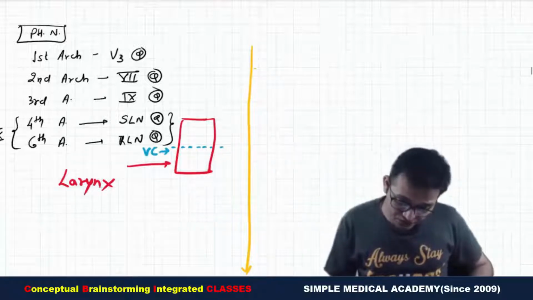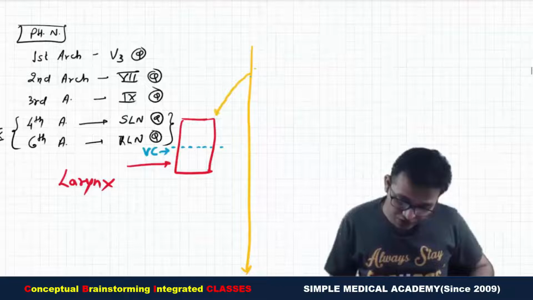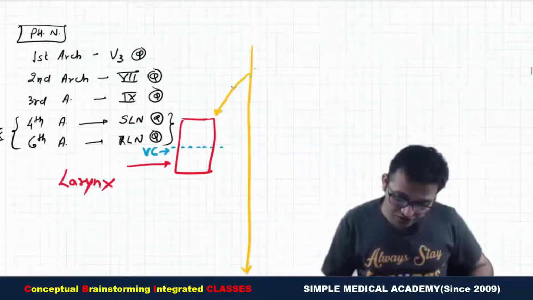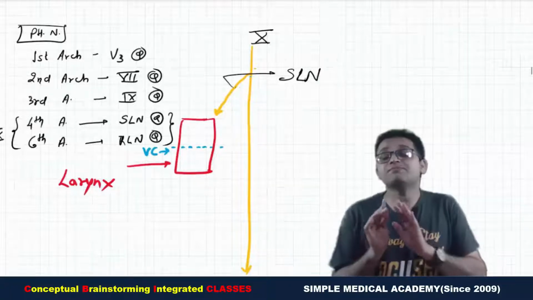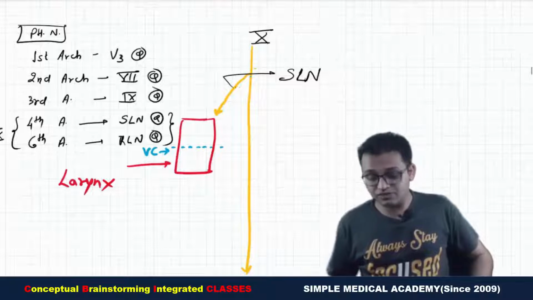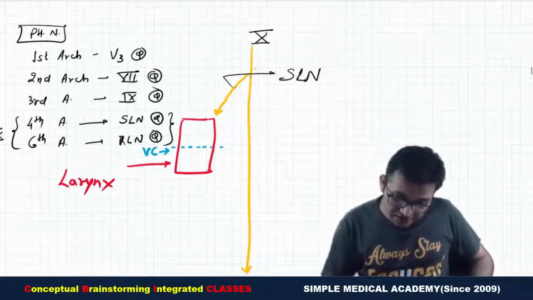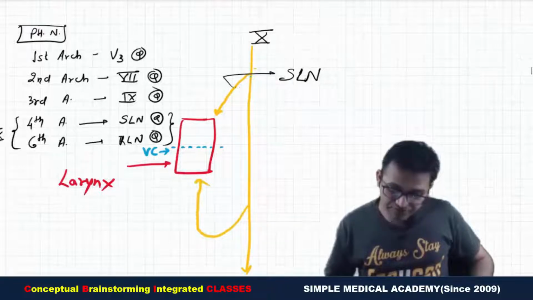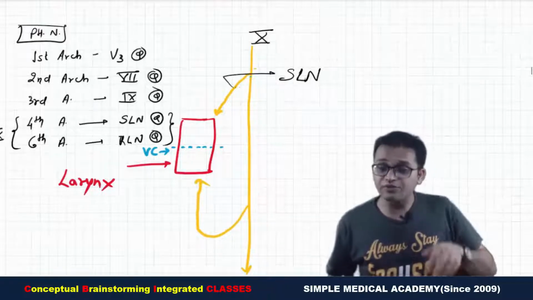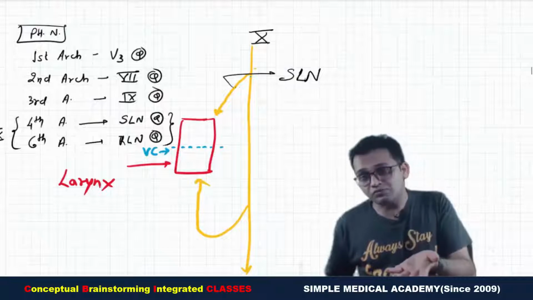This vagus gives one branch which supplies the larynx from above. This nerve is known as the superior laryngeal nerve because it supplies the larynx from above. Yes, it is the branch of the vagus, while another nerve supplies the larynx from below. Yes, the inferior laryngeal nerve because it supplies from below.